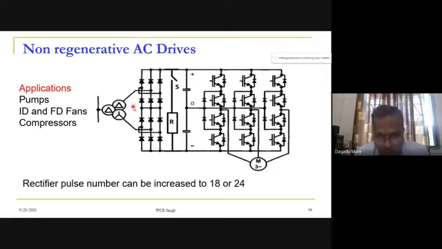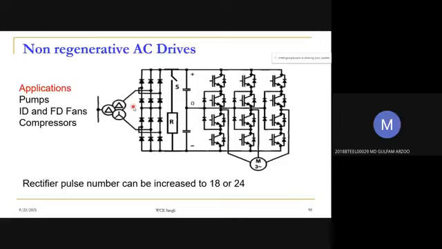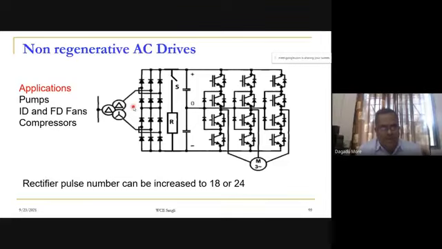What is the peculiarity of this transformer? Extra winding. So here, how many windings are on the transformer? Can you make a transformer with 7 windings?